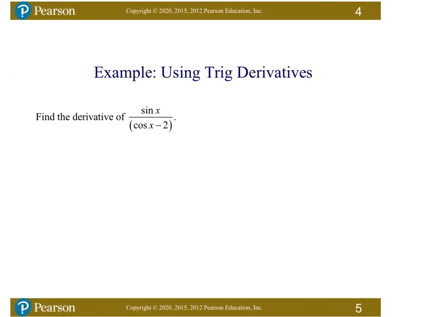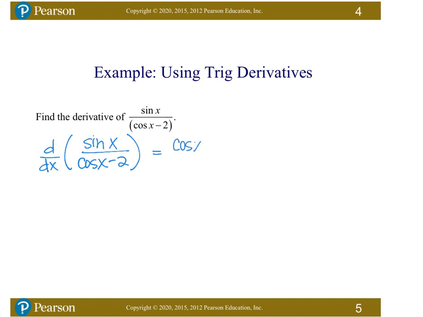So let's practice taking the derivative of something using a combination of the quotient rule and the trig rules. We take the derivative, d dx, of the quantity sine of x over cosine x minus 2, and we're going to use the quotient rule to do that.